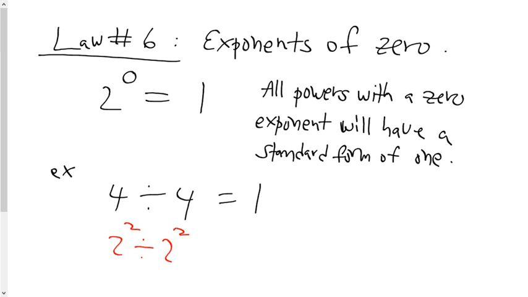And we know from Law 2 that when you have a power with the same base, you can keep the power and subtract your exponents. So when I solve this using Law 2, I see the standard form becomes 2 to the exponent of 0. And therefore, that is your proof that 2 to the exponent of 0 and the number 1 have the same value, right?